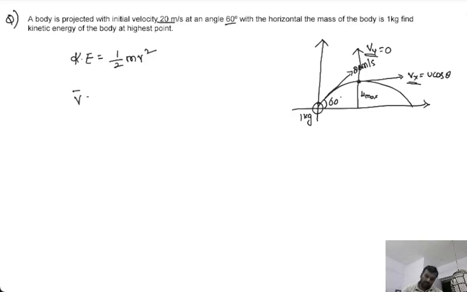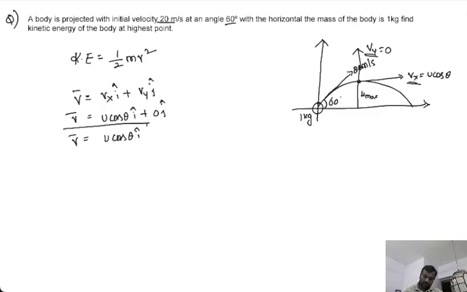So v bar is equal to, we know, vx i cap plus vy j cap. So v bar is equal to vx value, u cos theta, i cap plus vy value, 0, j cap. Then v bar is equal to u cos theta i cap. So the magnitude, mod v, is equal to u cos theta.